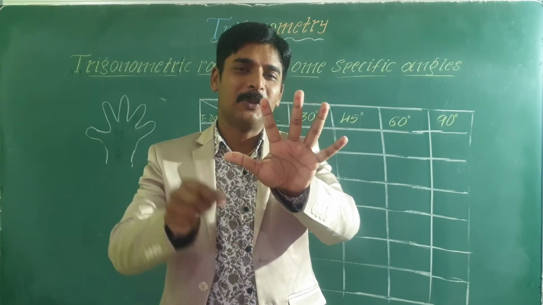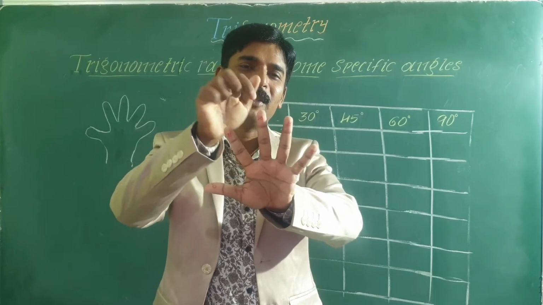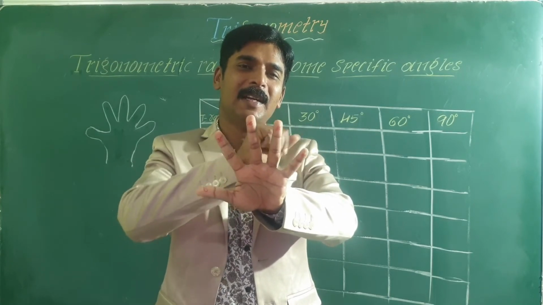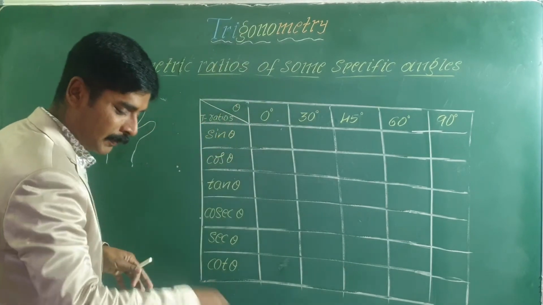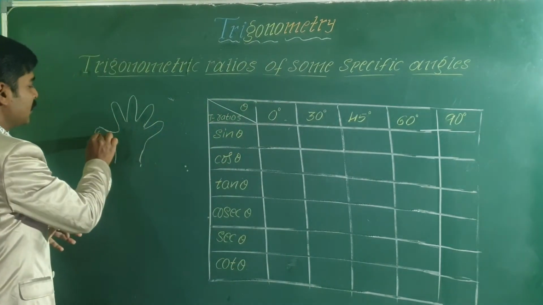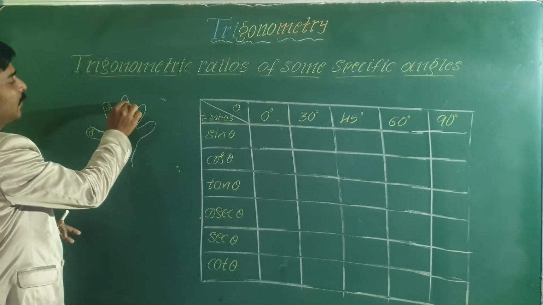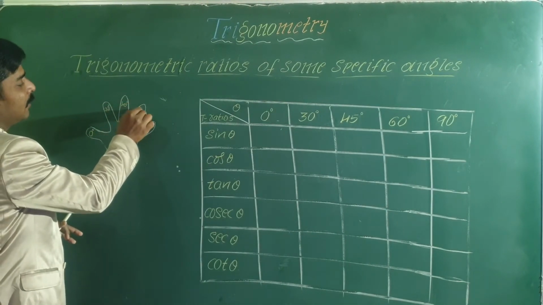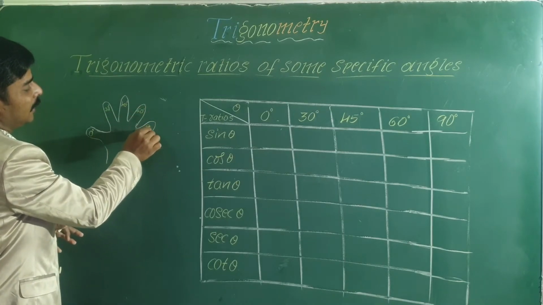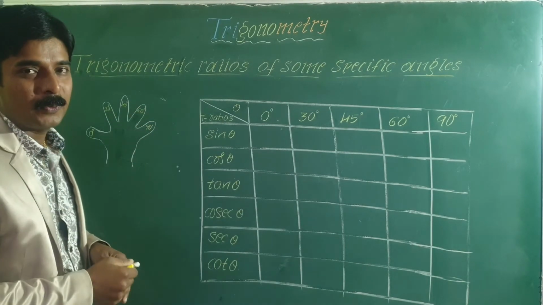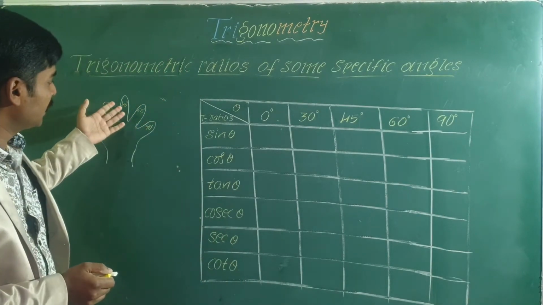Mark them as 0 degree, 30 degree, 45 degree, 60 degree and 90 degree. Here thumb is 0 degree, index is 30, middle is 45, ring finger is 60 and your little finger is 90 degree.